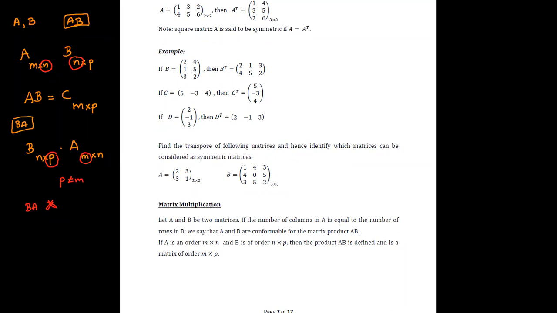As we discussed in the previous session, in algebra, if you multiply two numbers, you can change the order. For example, 2 multiplied with 3 equals 3 multiplied with 2. But in matrices, generally AB does not equal BA.